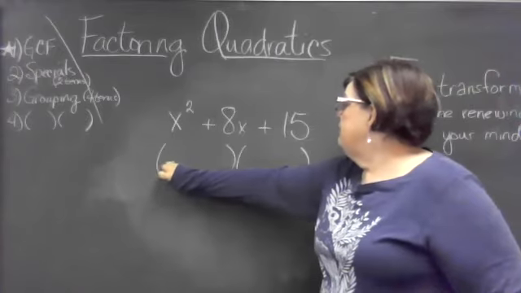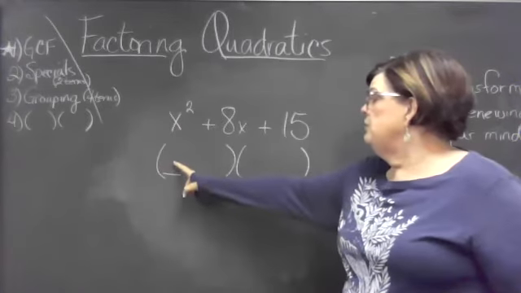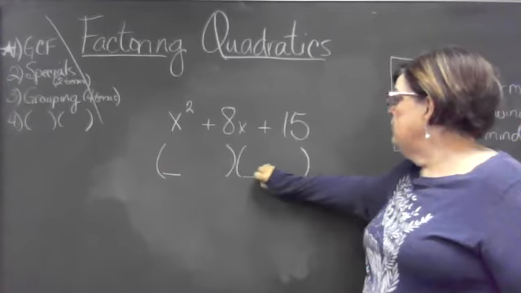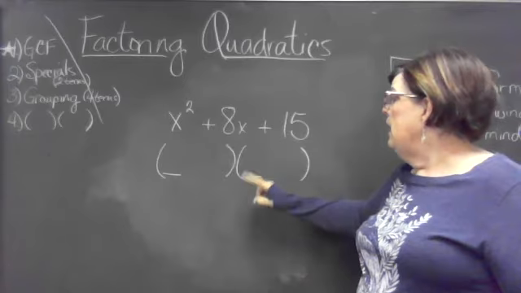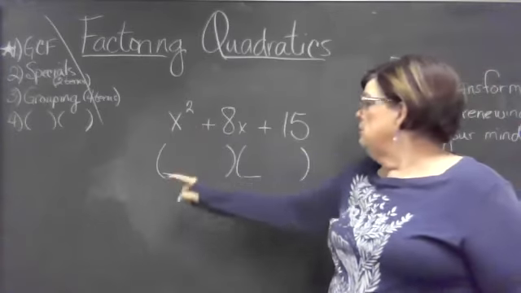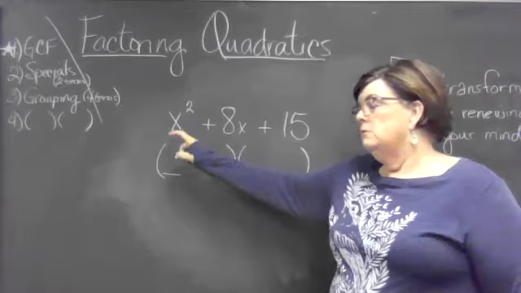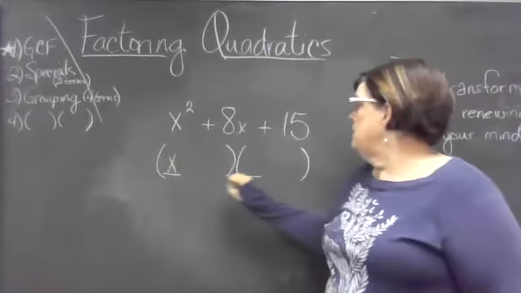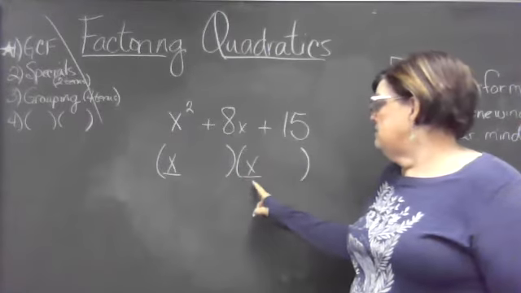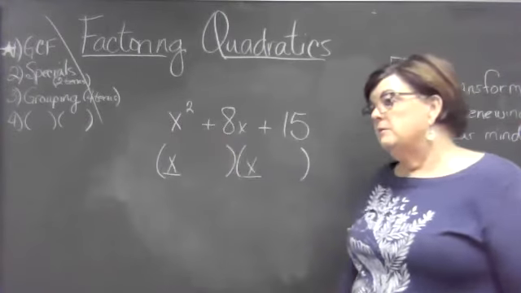So the front, whatever you put here, times the front, whatever you put here, has to equal the front. So the front times the front has to equal the front. So, of course, x times x equals x squared, yes?